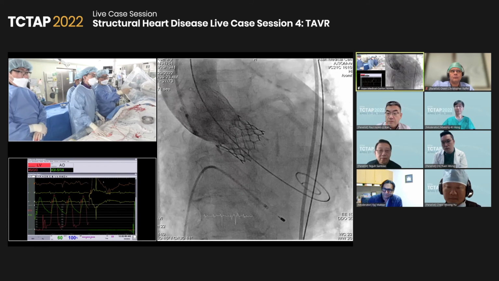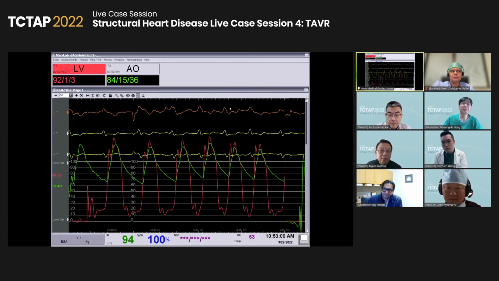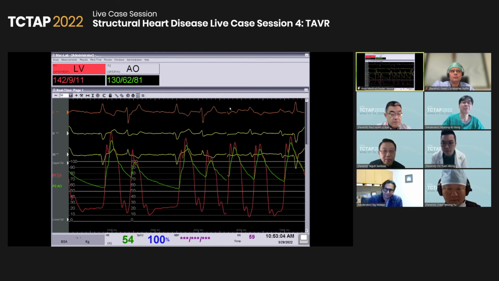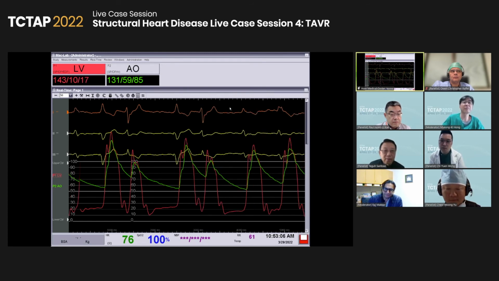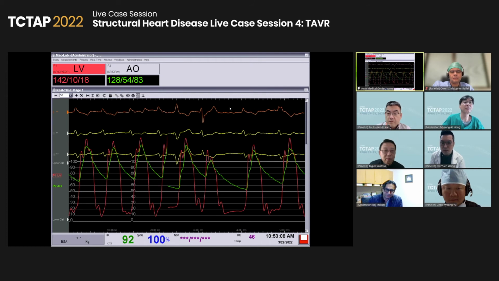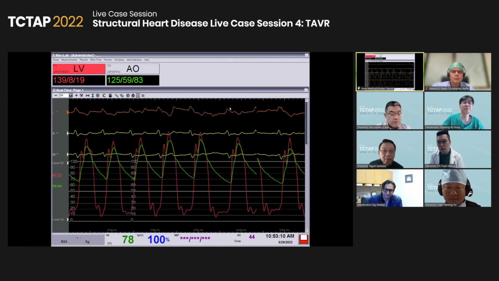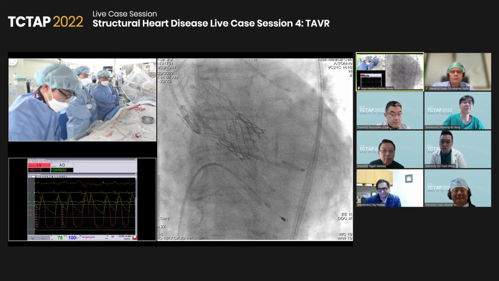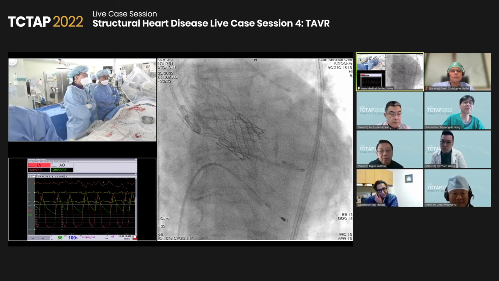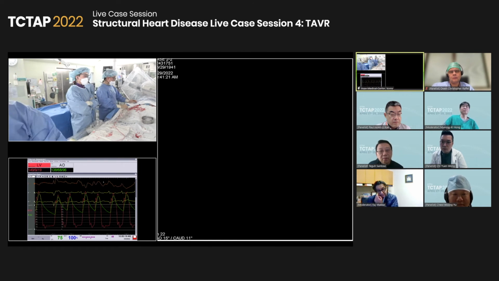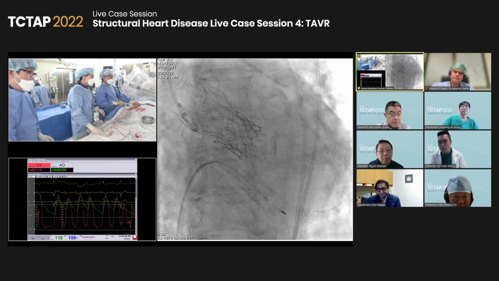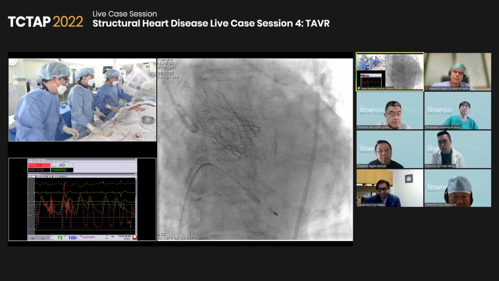That's it. I think the hemodynamics look fine, and there is no pressure gradient, and the AR index is nearly 40 to 50, and I think it's much improved compared to before the procedure. So I'm gonna finally check the angio.